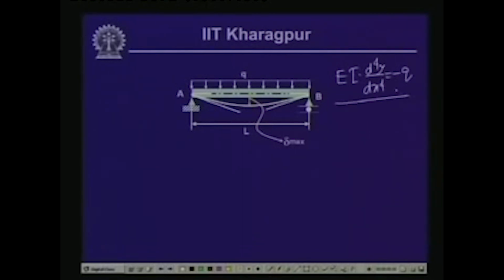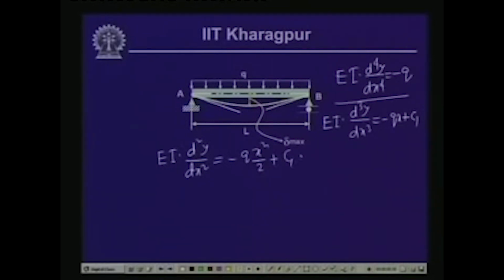Now, if we integrate this, we have EI d3y dx3 equals minus qx plus a constant c1. If we integrate it further, we have EI d2y dx2 equals minus q x square by 2 plus c1x plus c2.